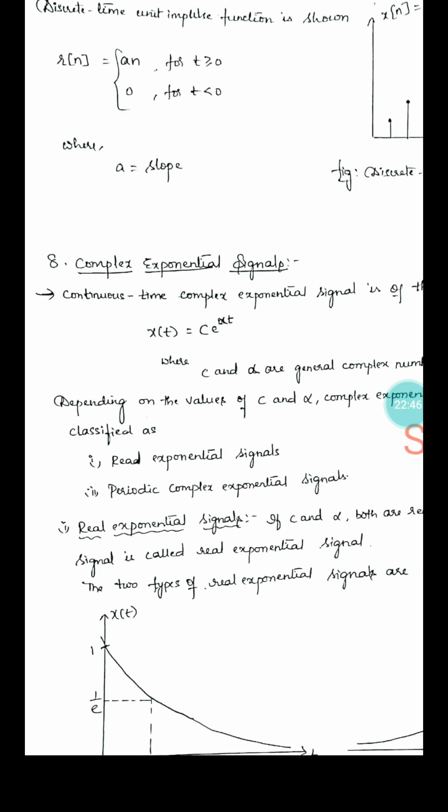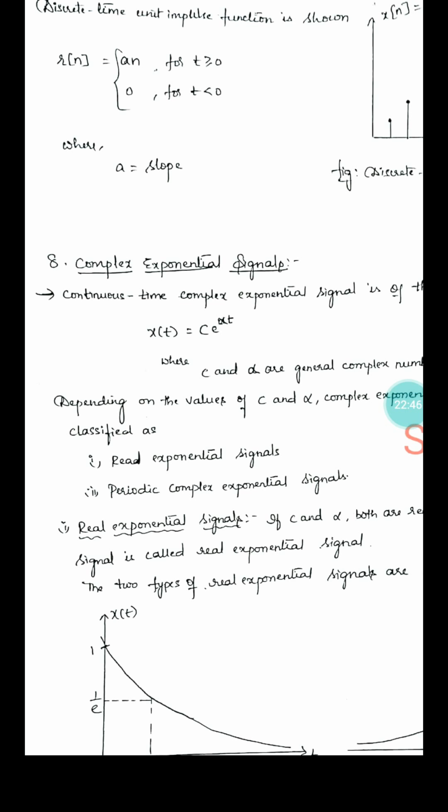How can we define the real or periodic complex exponential? See here, c and alpha are general complex numbers. So our given expression is x of t equal to c into e to the power of alpha t. You can observe there are two graphical representations.